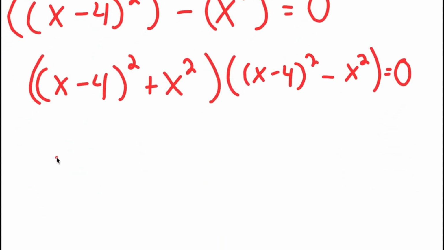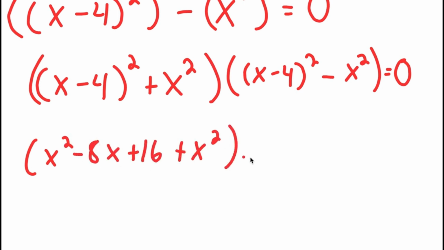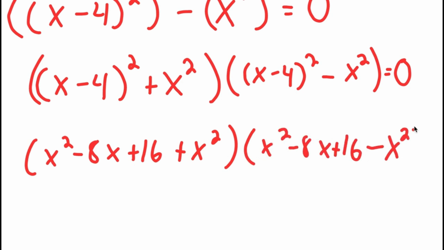And now, from here, I'm going to expand (x − 4)^2, so I get (x^2 − 8x + 16 + x^2) times (x^2 − 8x + 16 − x^2), which is equal to 0.